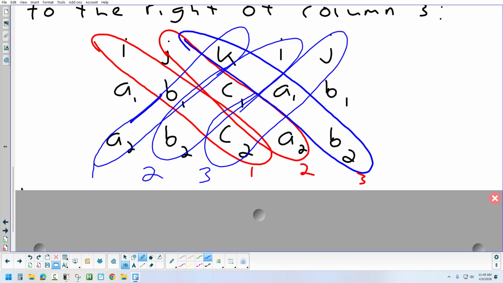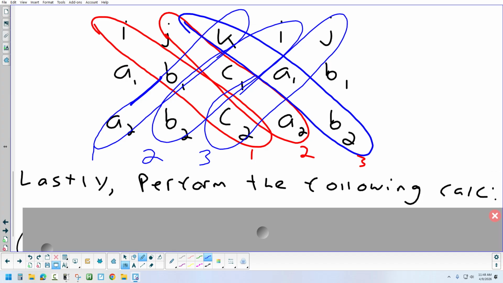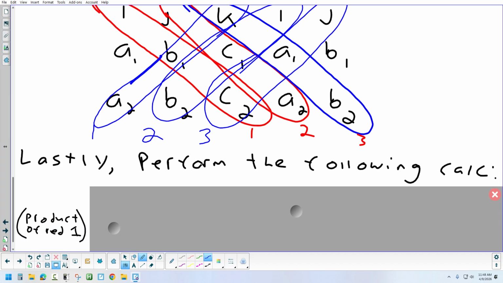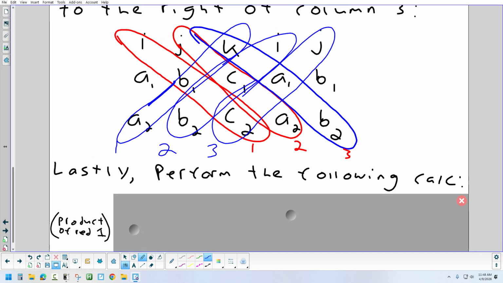Now, here's how you find the cross product. First thing you're going to do is multiply everything that's on red diagonal number 1 together: the I, the B1, and the C2. Then you're going to multiply everything that's on red diagonal number 2 together: the J, C1, and the A2.